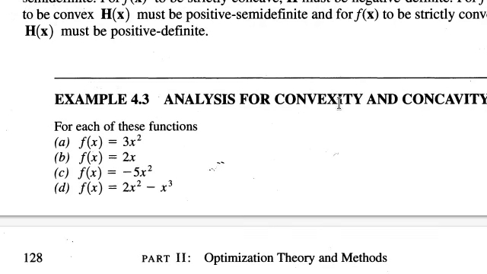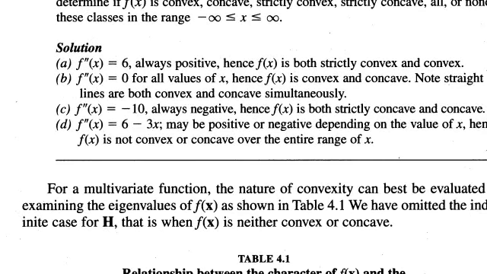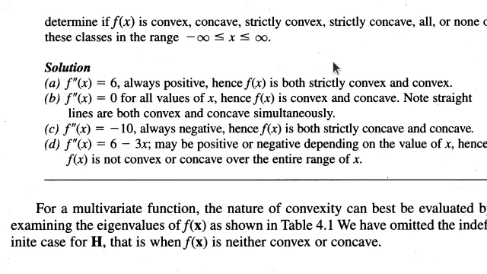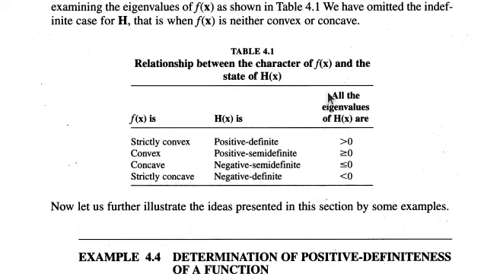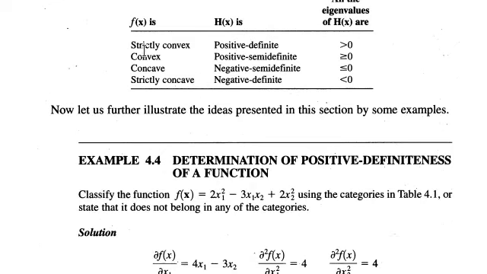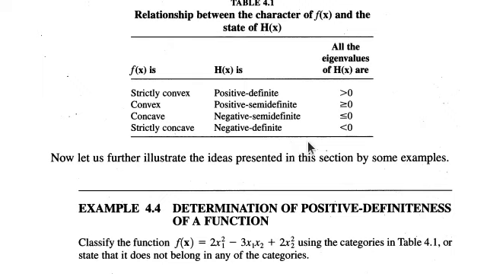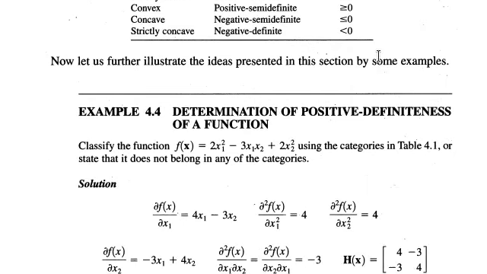So you can read this actually, and from an examination point of view, these problems are important. Based on these criteria, you can decide whether a function is strictly convex. So they have defined when a function is strictly convex and when it is convex or strictly concave, like this.